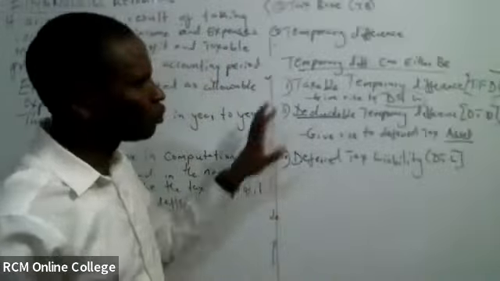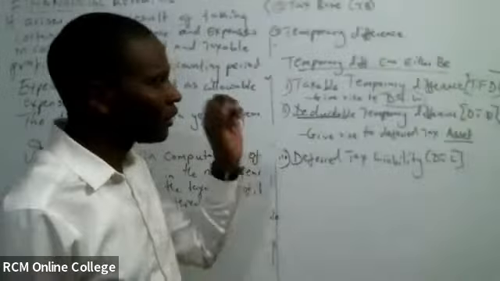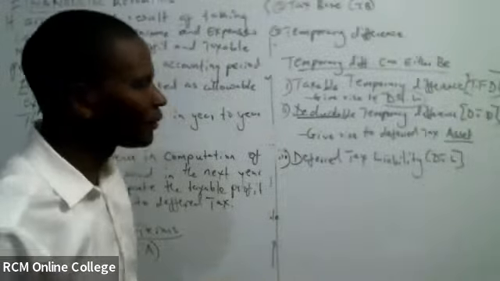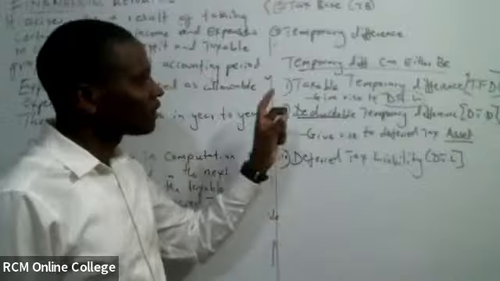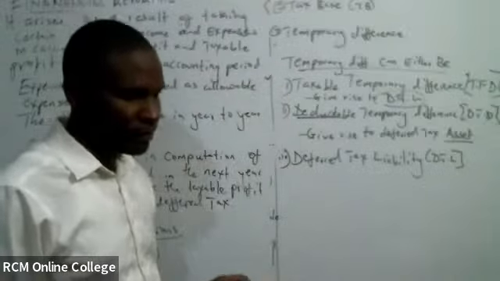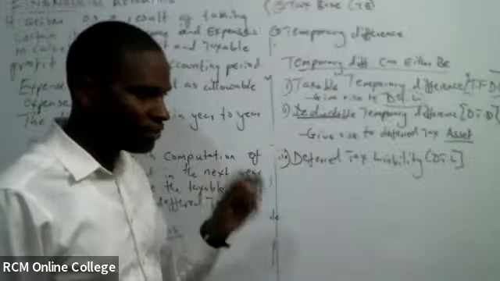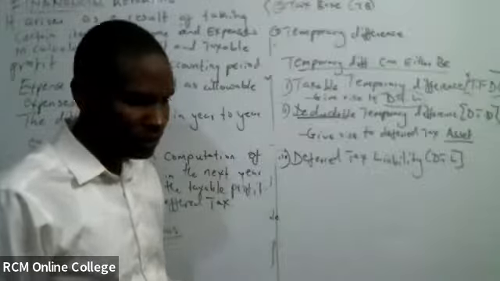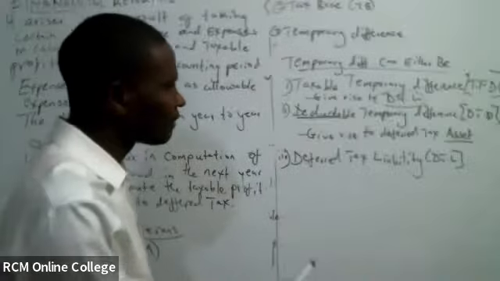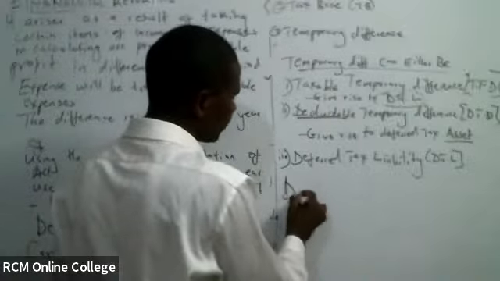This is what I want us to hold so that when you meet the question it will become easy to interpret. Taxable temporary difference gives rise to deferred tax liability. So how do we get deferred tax? What is the formula?